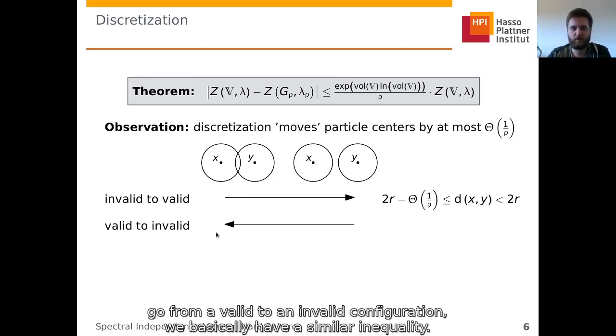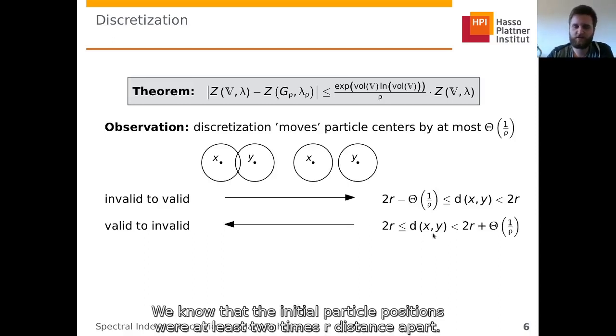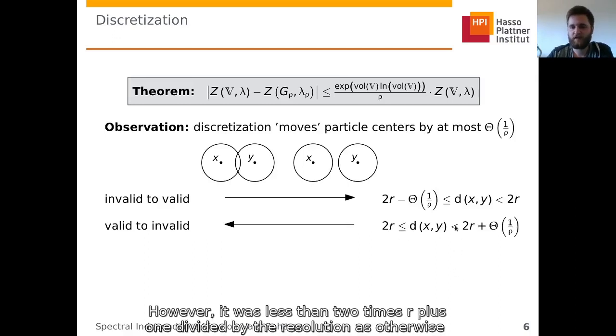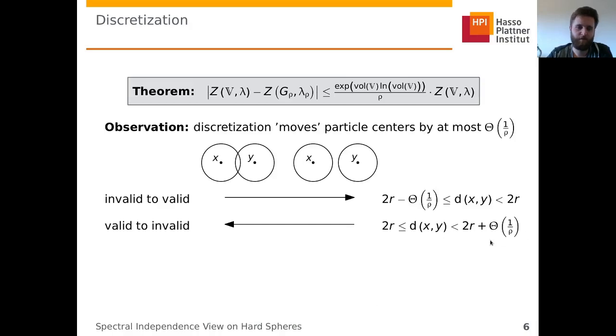And for the case that we go from a valid to an invalid configuration, we have a similar inequality. So we know that the initial particle positions were at least 2 times r apart. However, it was less than 2 times r plus 1 divided by the resolution, as otherwise we could not make them overlapping by moving them by this amount.